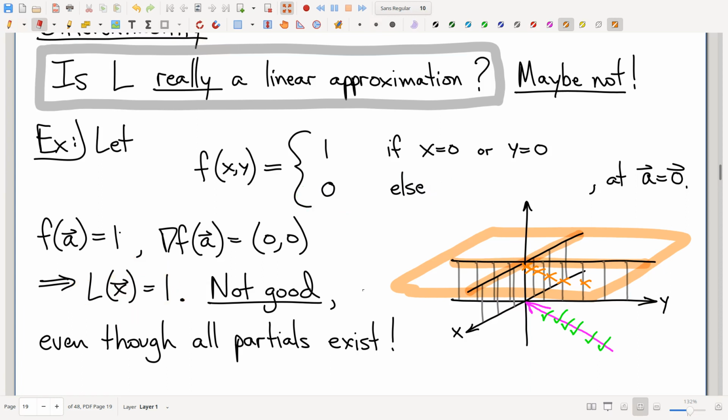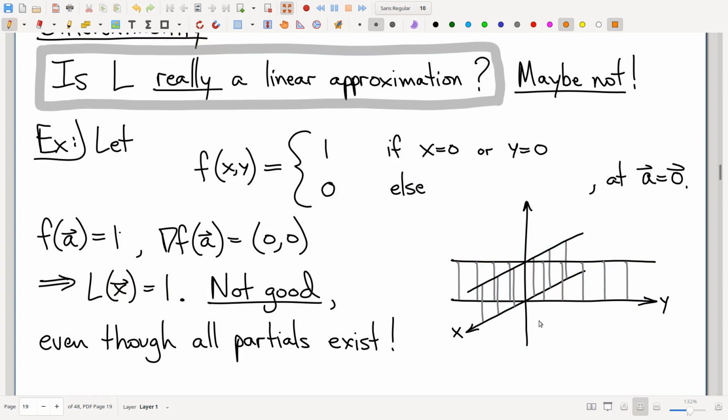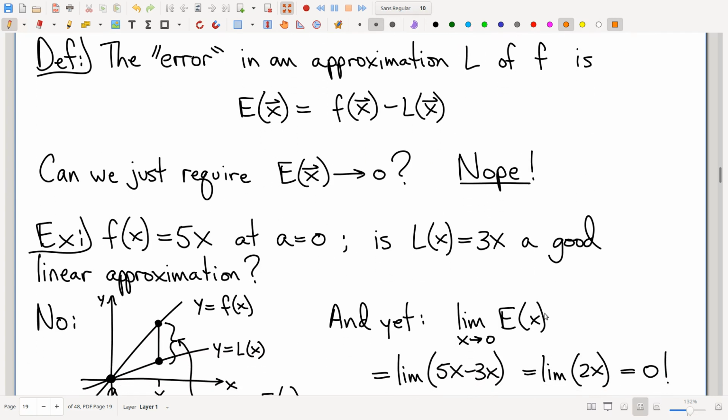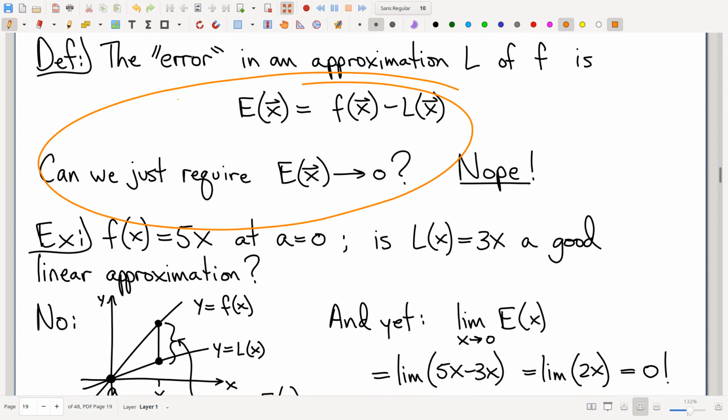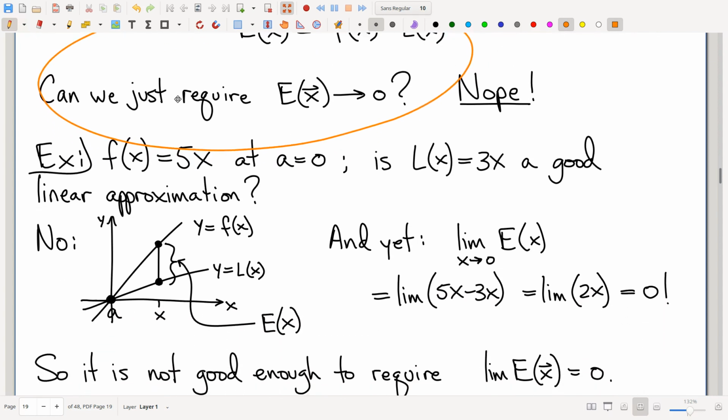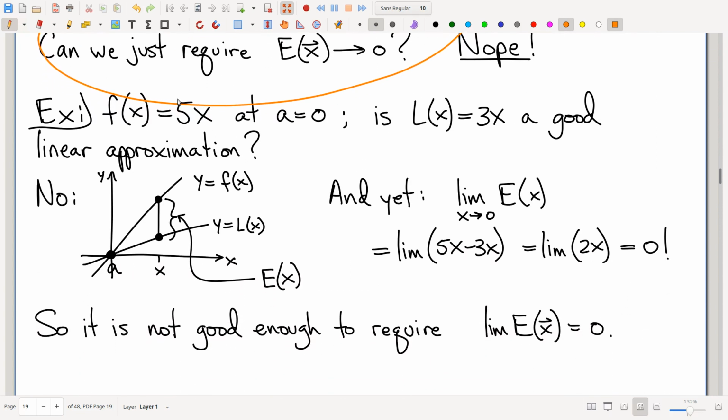So now, how are we going to fix this? Well, it's a nasty business. Roughly speaking, I want to make sure everyone's aware of why it's not good enough to simply require that error go away. A lot of people think the error is bad, and if the bad goes away, then doesn't that just leave good, right? That's kind of the naive sort of attempt. But check out how silly that is.